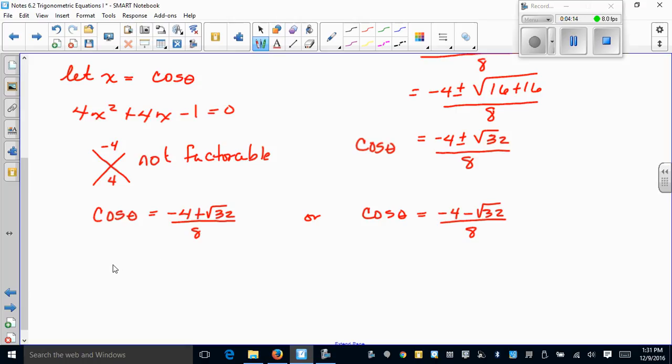So what I'm going to do, since I know what quadrants I'm working in, is throw this in the calculator and get a number.